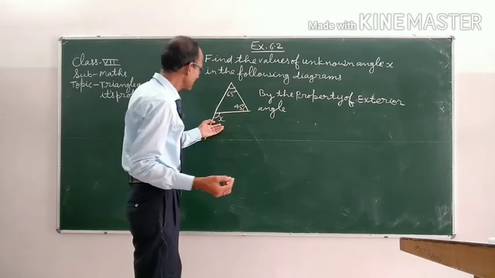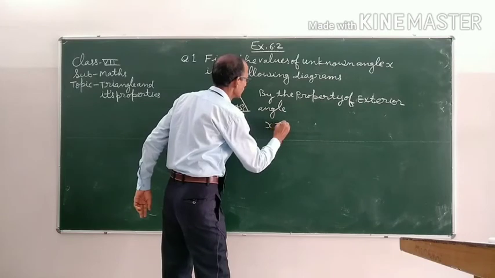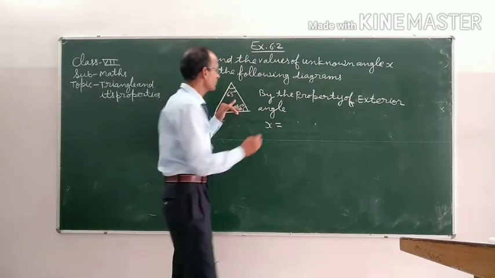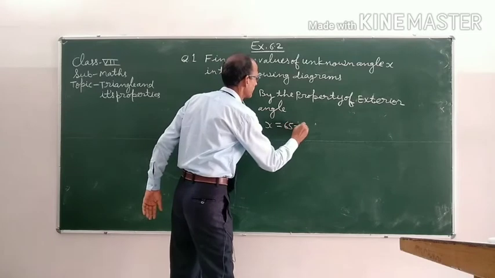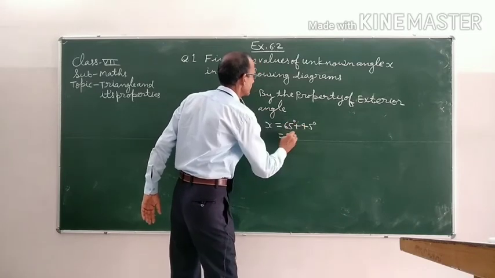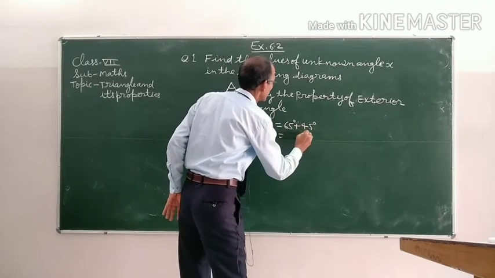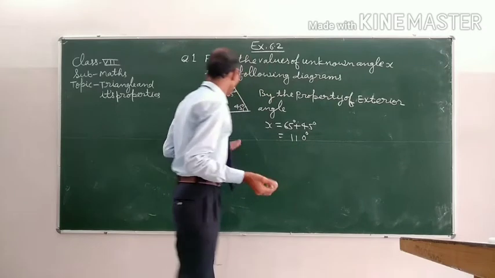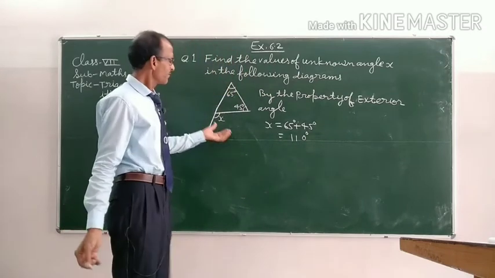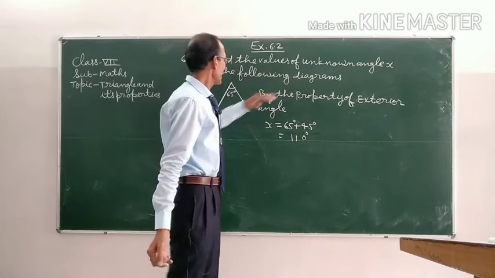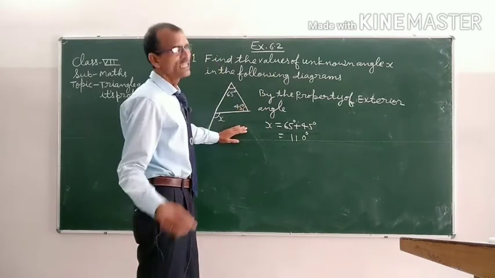So this exterior angle x is equal to sum of two interior opposite angles, 65 plus 45 degree. We will get 110 degree. Okay, this way we can find the value of the unknown angle x, which is exterior angle of the triangle.